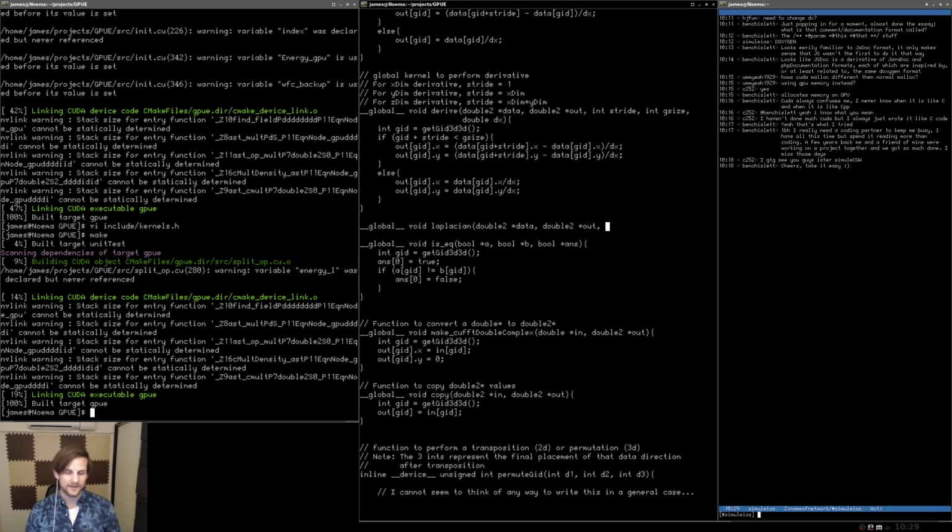But what we probably need, let me think. It's going to have to be along the x dimension and the y dimension. So we certainly need an int g size, and I guess a dimension number. Oh, and also a dx. So we're going to need a double dx, double dy, and double dz.